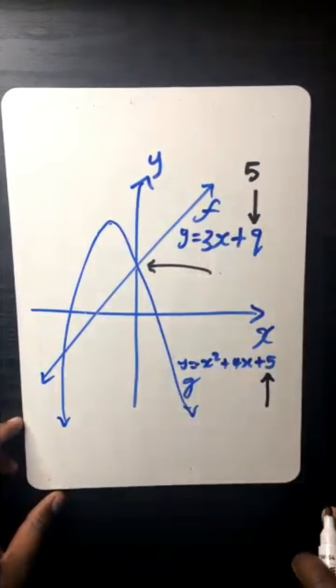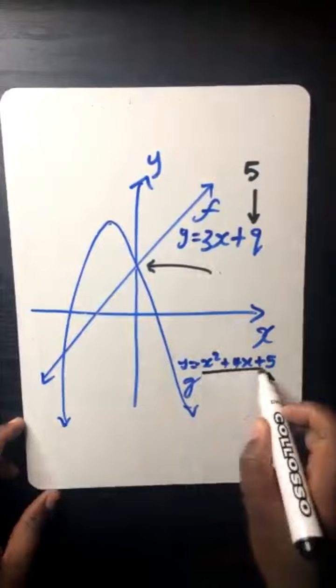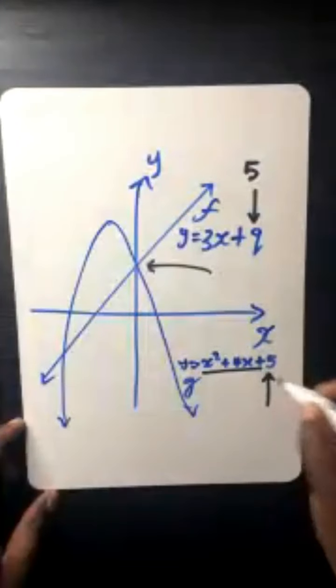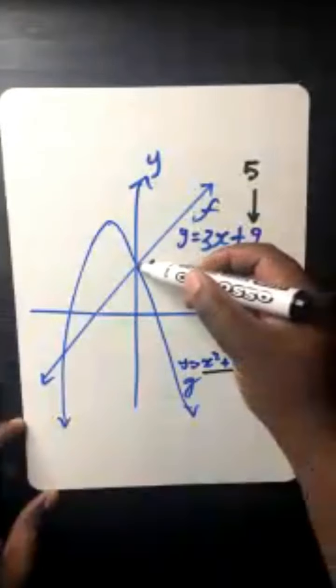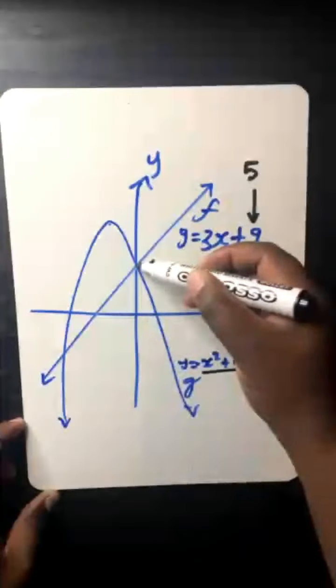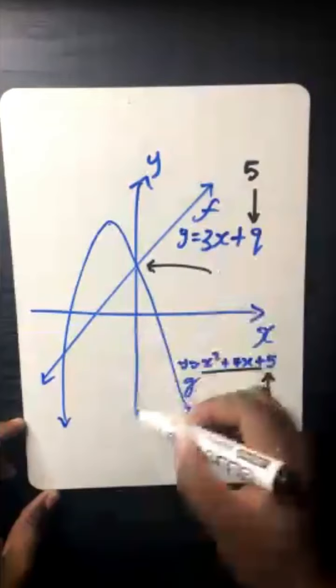You don't need to calculate it. Why? Because from this equation for that parabola, they say that one over there is 5, and you know 5 is that point. Why is it that point? Because that's where that graph touches the y-axis.